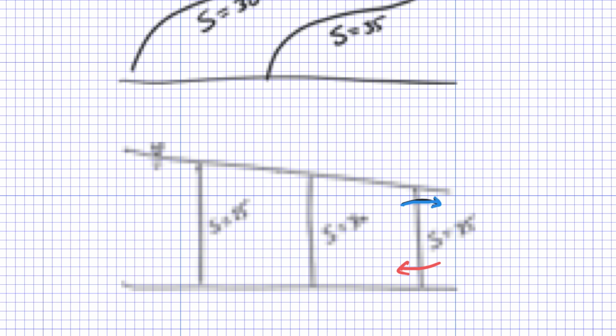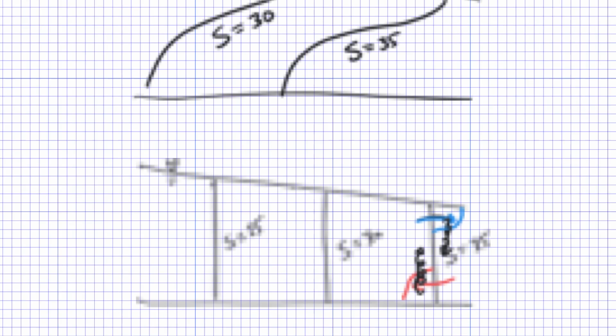However, as soon as this salt water gets a little toe, and as soon as this fresh water gets a little toe, the problem is the system is so energetic, there's so much turbulence, that this water just mixes, and this one mixes down, and all of a sudden everything is vertically mixed again.